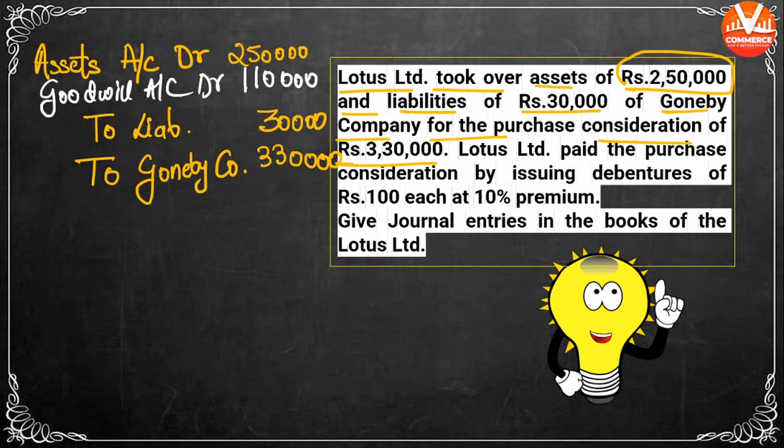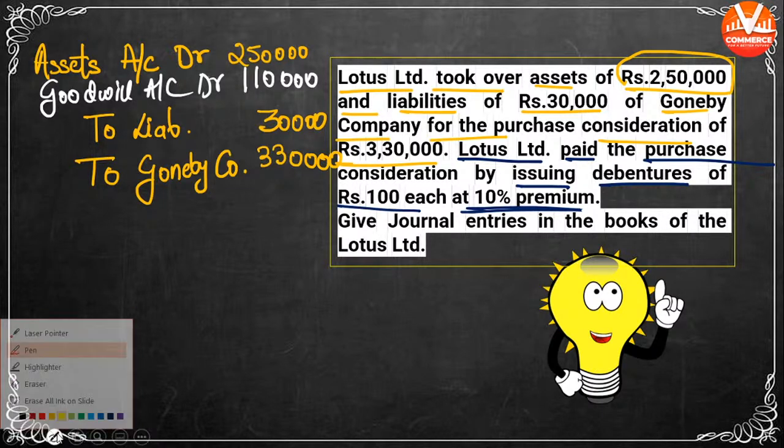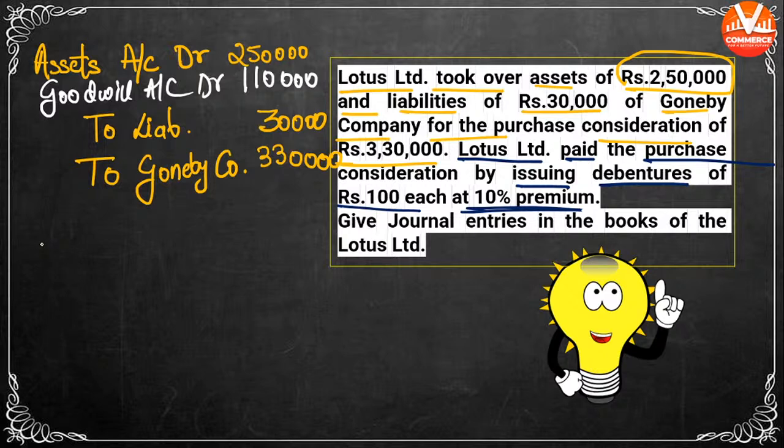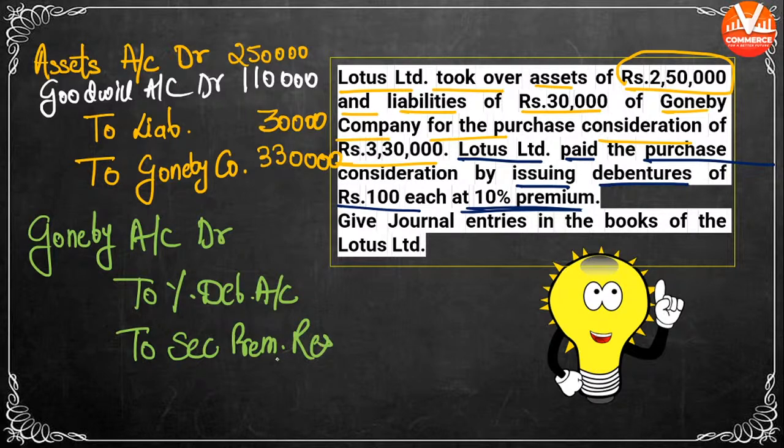Now, it is mentioned that Lotus Limited paid the purchase consideration by issuing debentures of rupees 100 each at 10% premium. We are making the payment through issue of debentures. So the journal entry will be vendor account debit, to 10% debentures account, to securities premium reserve, because the debentures are issued at premium.